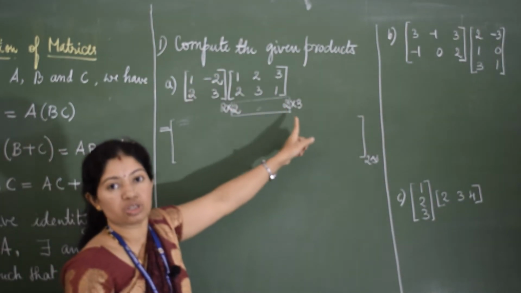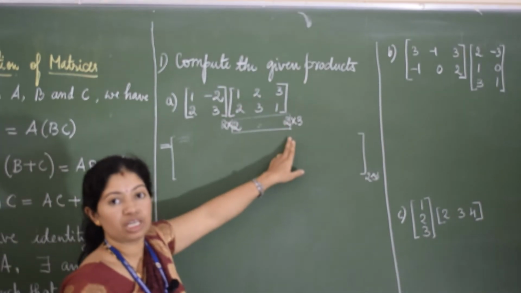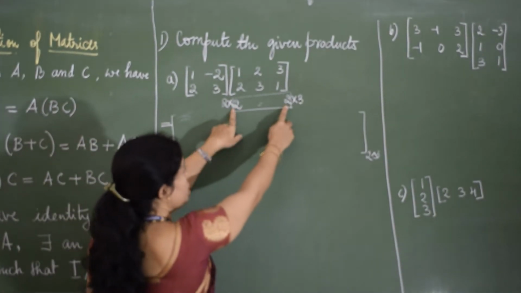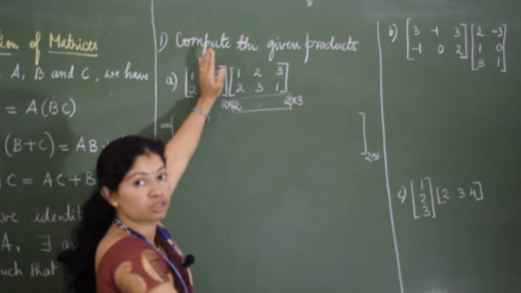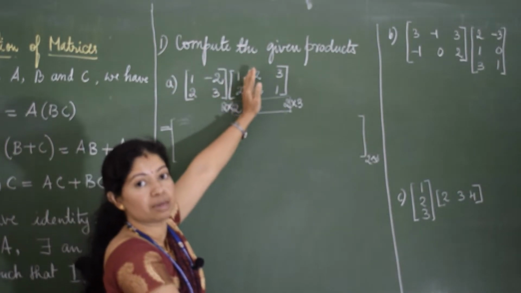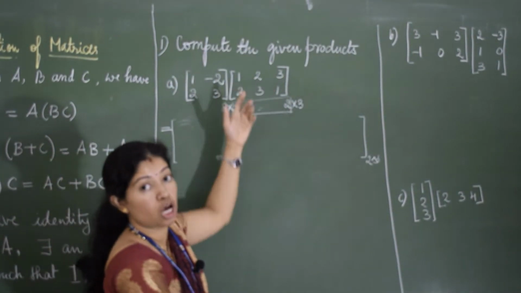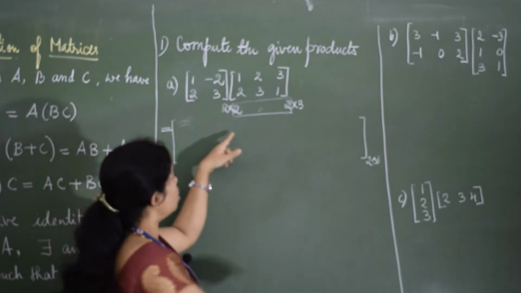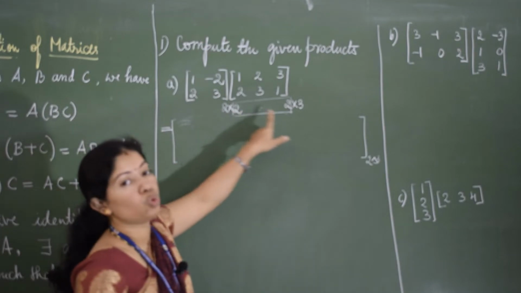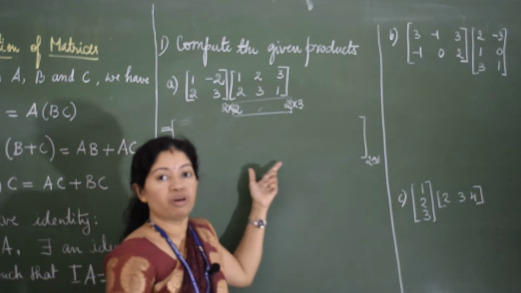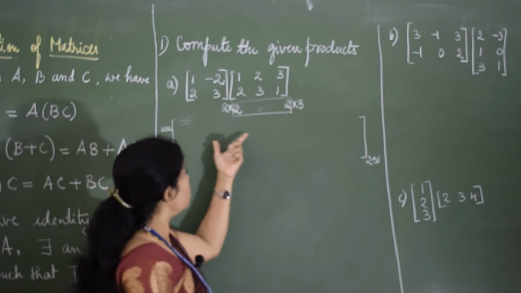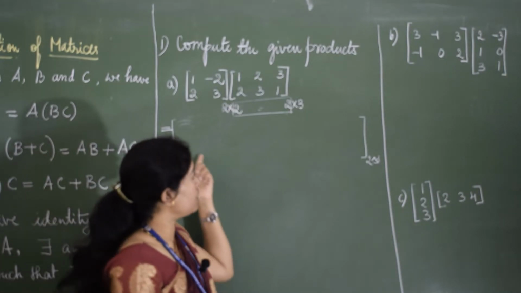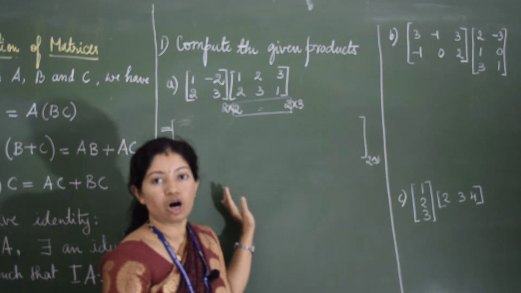It is 2 cross 3, 2 rows and 3 columns. If you check here, these two are the same. The number of columns of the first one is the same as the number of rows of the second one. So the product exists. What is the order of the product? Order of the product is 2 cross 3. So before we multiply, we know that the product has 2 rows and 3 columns.